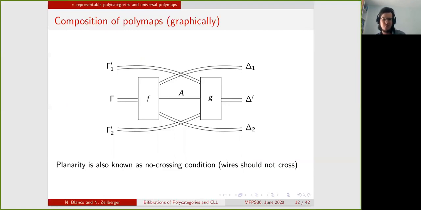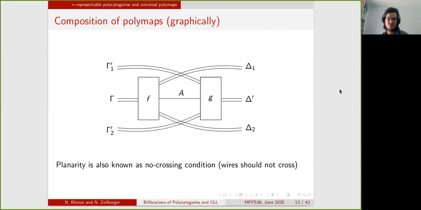So the idea is that we will represent our string diagrams going from left to right, and a polymap will be represented by a box that takes some inputs, so the gammas, and spits out some outputs, so delta 1, delta 2, and A. And then we will represent composition by plugging the wire from one output of F into one input of G. So we can see there that composition happens only along one wire, one object.